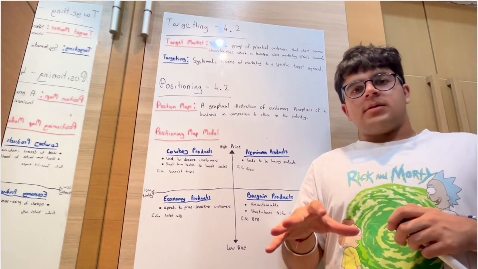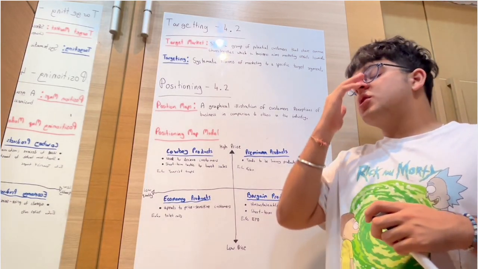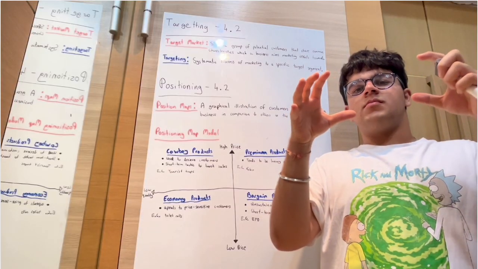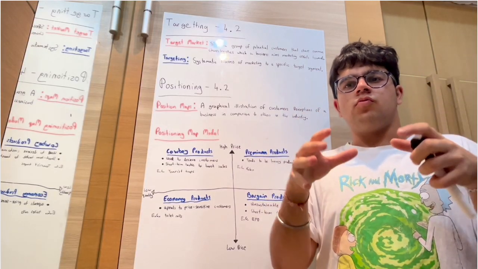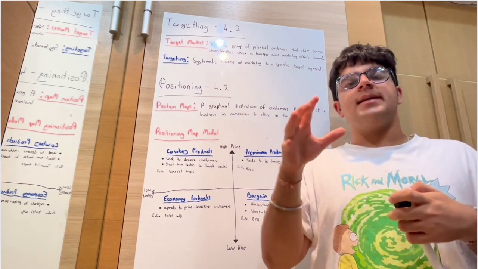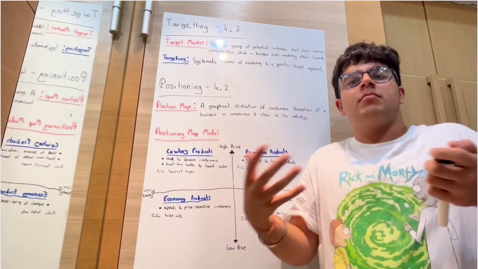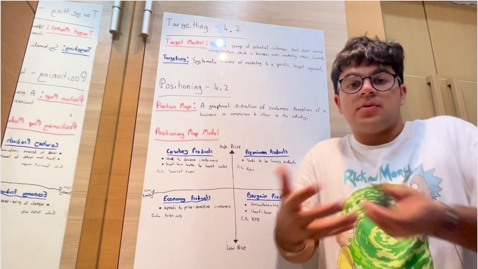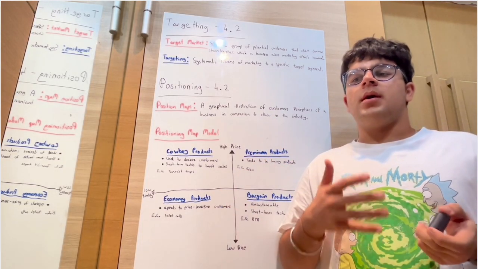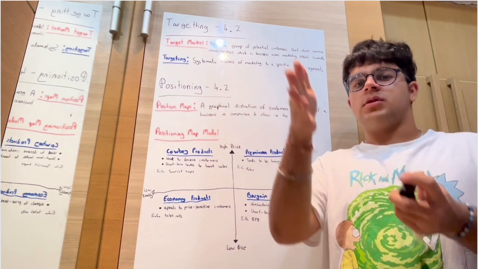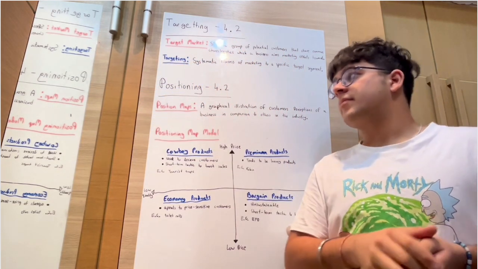That sounds a little complex. Let's simplify it. It's just a small segment, a small group of clearly identifiable people, customers, potential customers, where a business aims towards to try to sell their products to them.